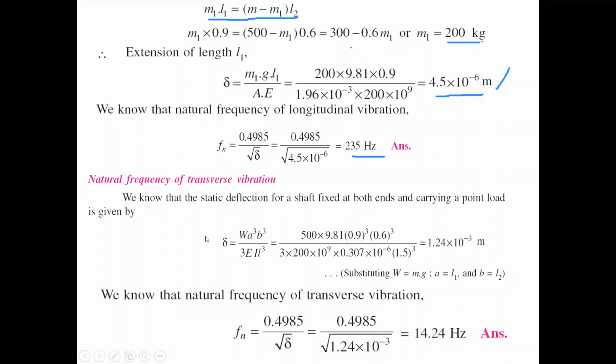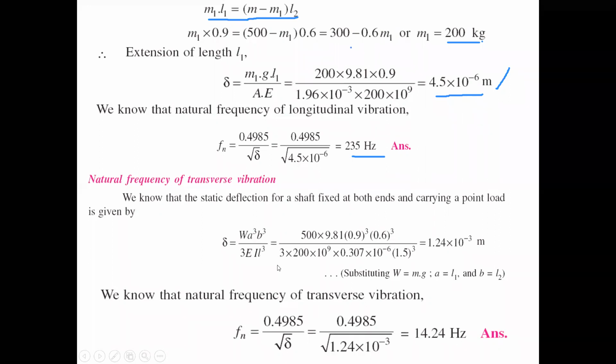The point load has distances from the upper support and the bottom support, which are considered A and B. For the static deflection, delta equals W A cube B cube by 3 E I L cube.